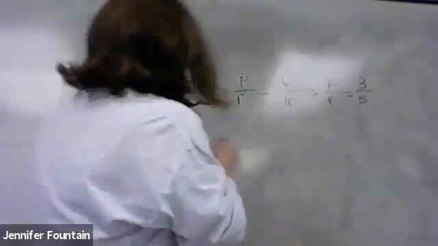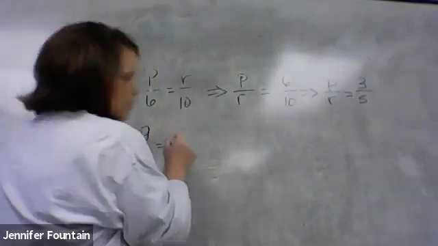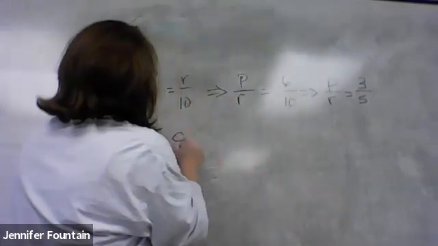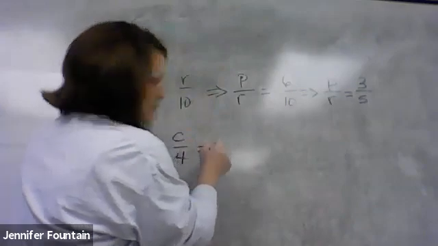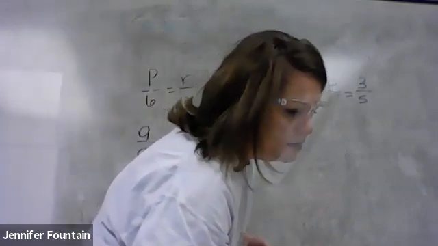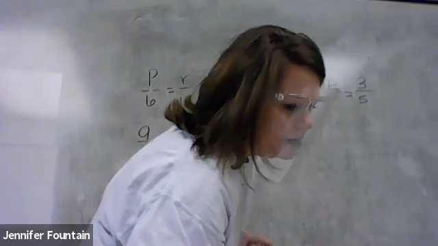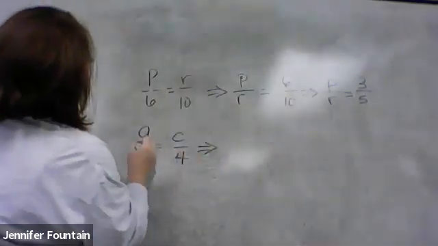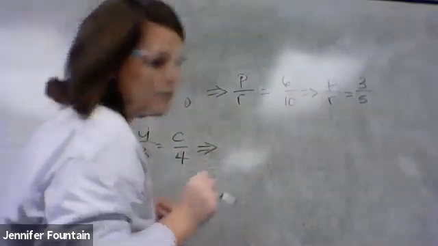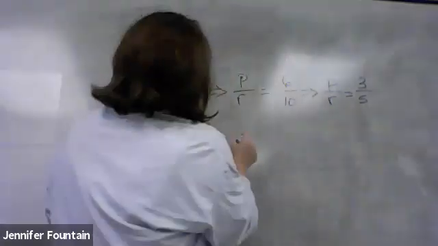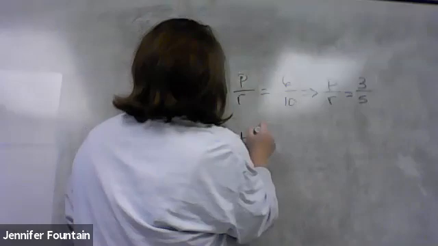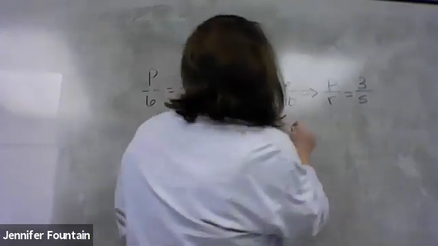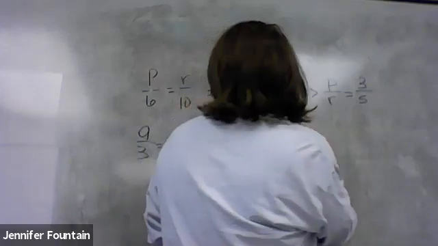Let's look at letter B. It says if A over 3 is equal to C over 4, then A plus 3 over 3 is equal to C plus 3 over 4.